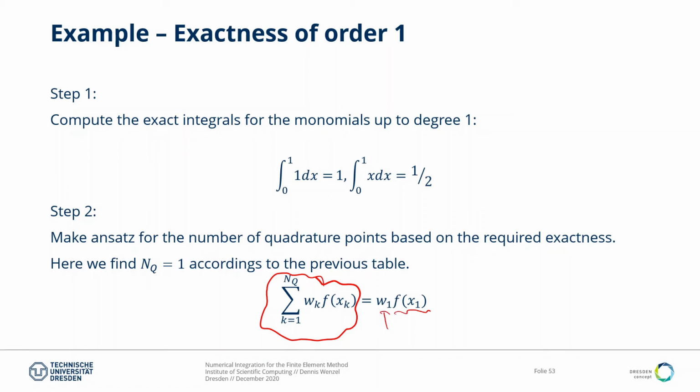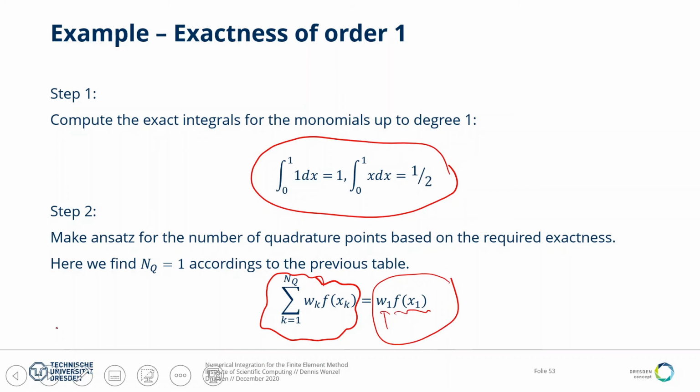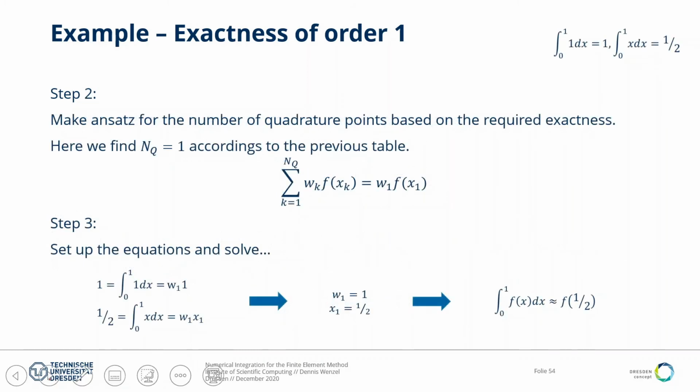And now the next step is to put those two things together. So you put these integrals over the monomials together with the ansatz that you made here. I want the integral over monomial 1, which was the value 1 that we just computed, to be equal to the application of my quadrature rule.